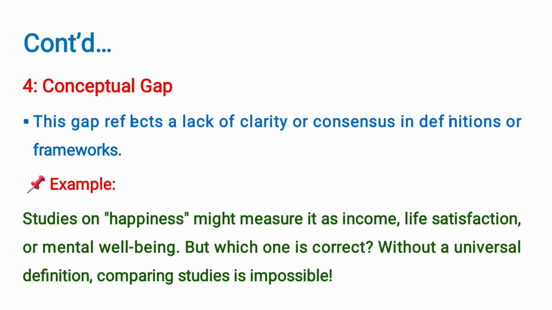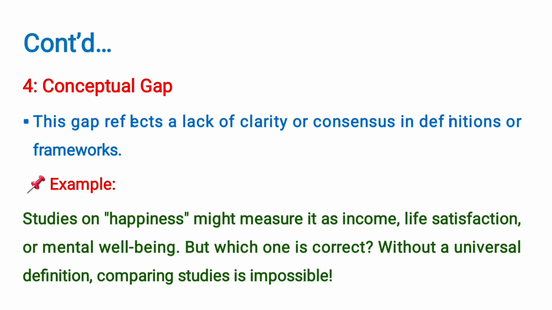For example, studies on happiness might measure it as income, life satisfaction, or mental well-being. But here, which one is correct? So without a universal definition, comparing studies is impossible. So as a pro, you need to find inconsistencies in how researchers define a concept and work to standardize or redefine it, because that is a strong research contribution.